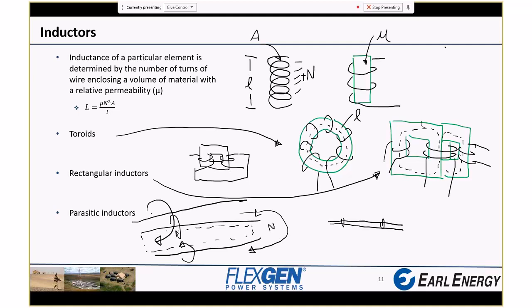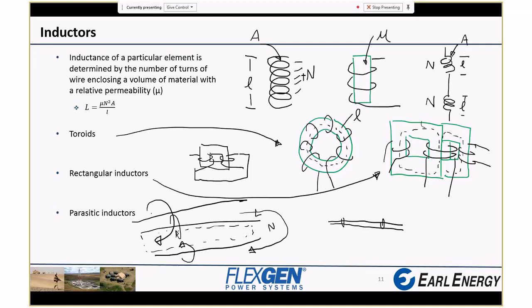Let's take two inductors connected in series. Well, they each have a length L and a number of turns N, and the area is the same, and they're both air cores, so same permeability. So you'll have one inductance with mu N squared A over L, and the second with the same.